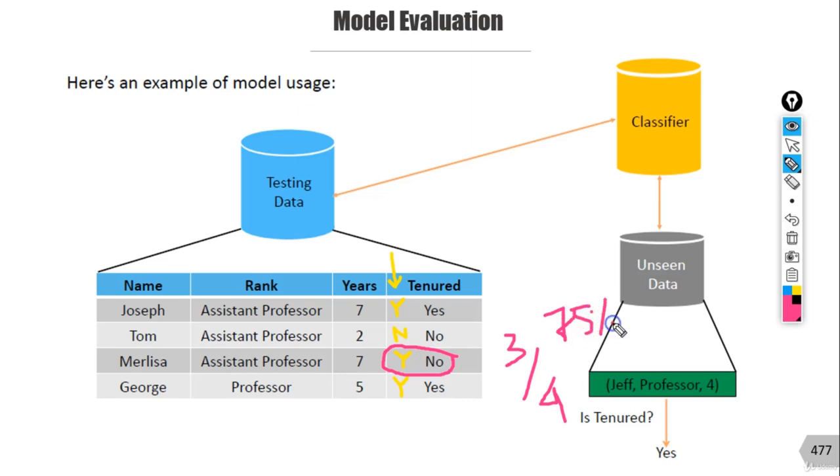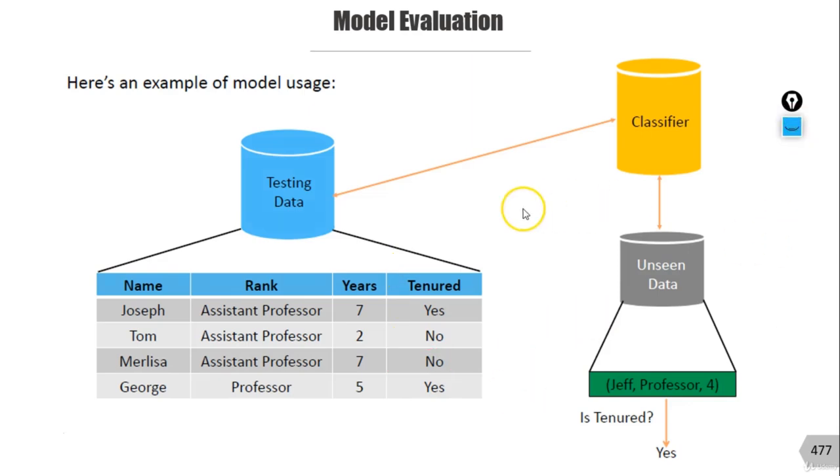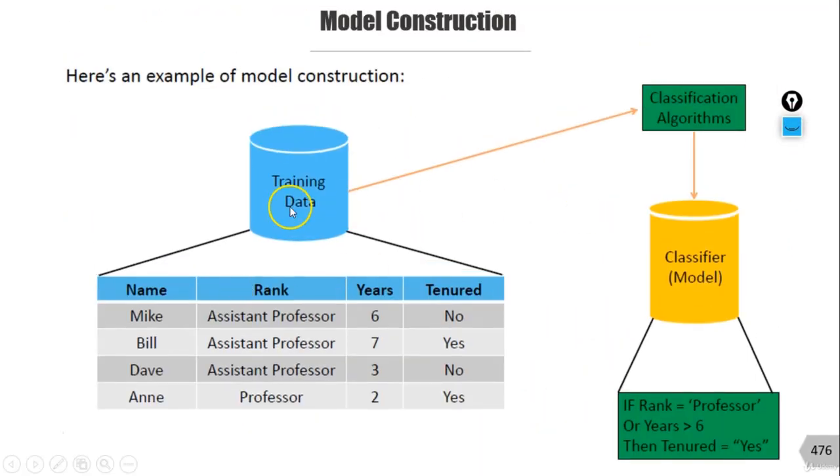We would be doing a lot of examples with this, but at a very high level, try to understand what exactly we did. We first had data which we divided into training and test data sets, and from the training data set we tried to learn how to predict tenured, and we created a classifier which is nothing but an equation.